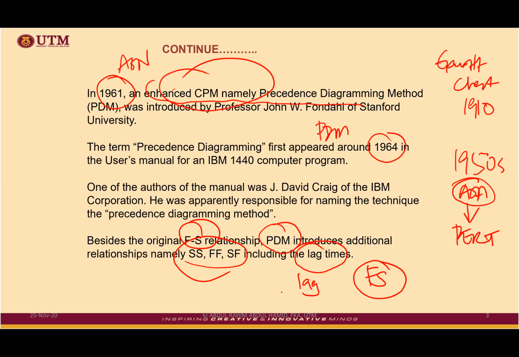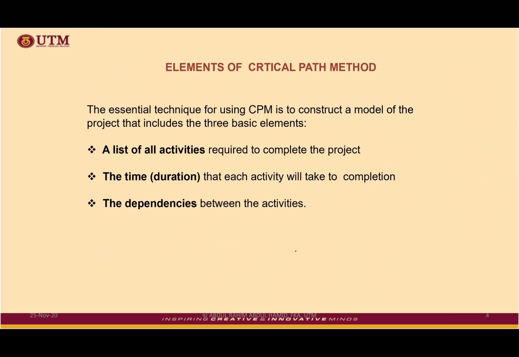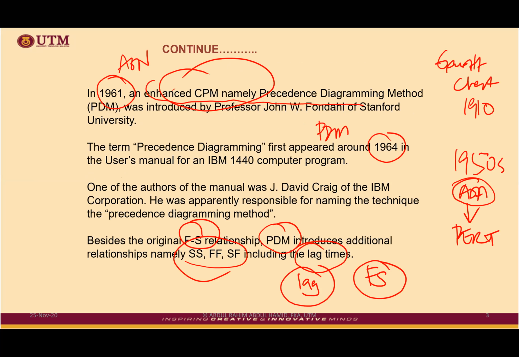So that's what makes this PDM diagram special and eventually being used in current software like Microsoft Project and Primavera. If, for instance, you just learn PDM diagram, that will be sufficient enough, okay? But for academic purposes, we do introduce a bit of background so that you understand the whole story of scheduling development.